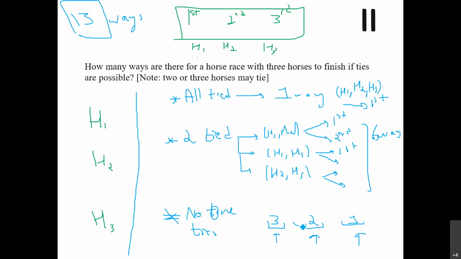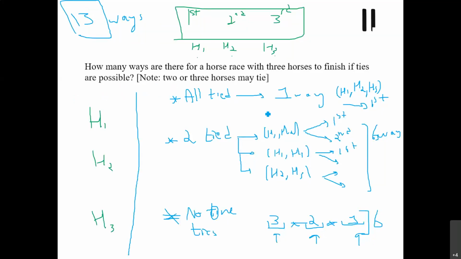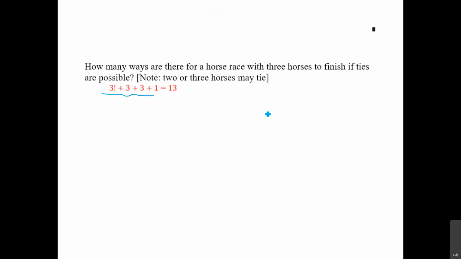So you multiply these, you get 6. And yep, that's 13 ways this could happen. And you can see maybe the way the numbers show are different from how we did it. So that means that probably the solution is one way. So there is no unique solution. As long as you got there, you got there. Okay.